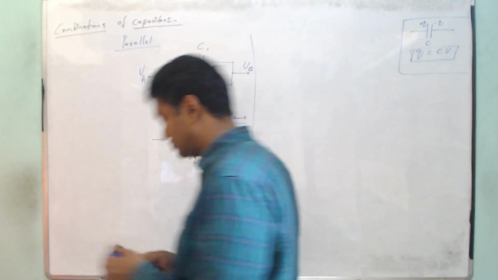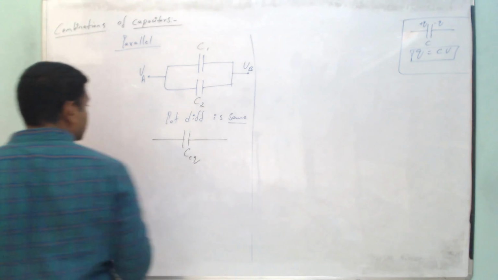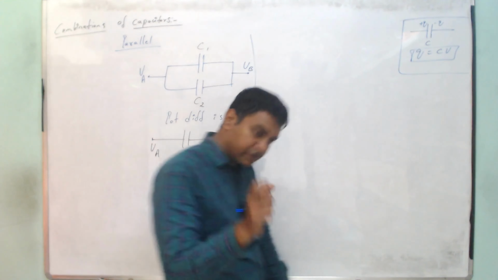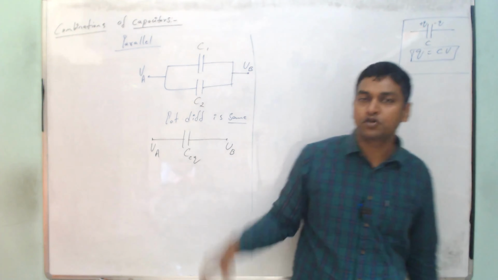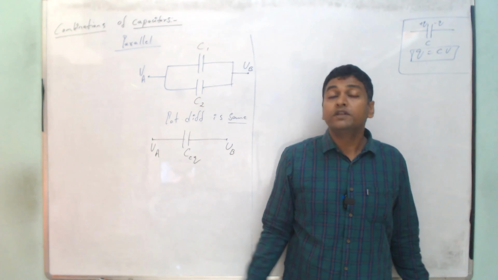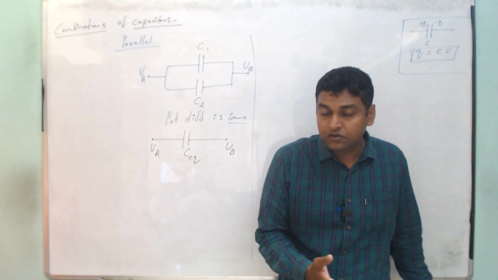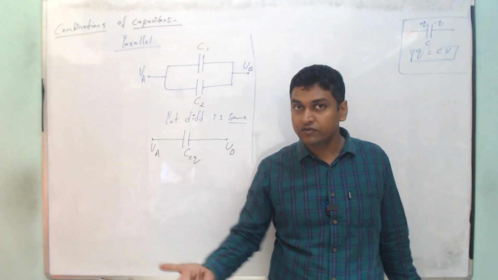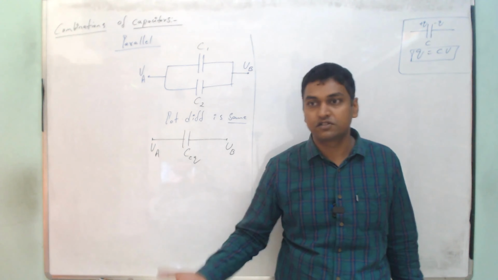We can say potential difference is same, but that is just one segment of many things that are possible. You will come across them while solving the exercise problems. Every problem will have a particular situation.